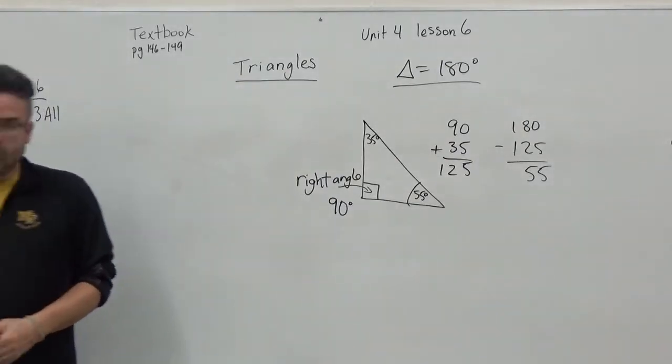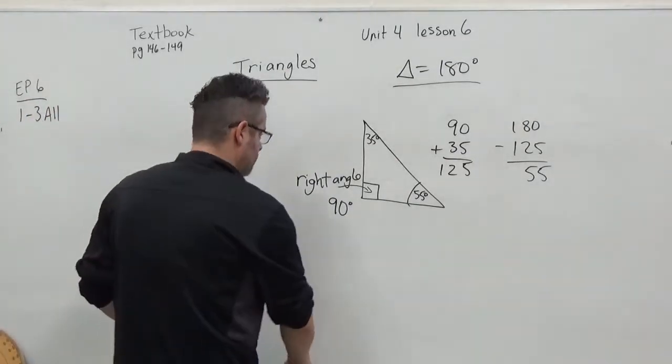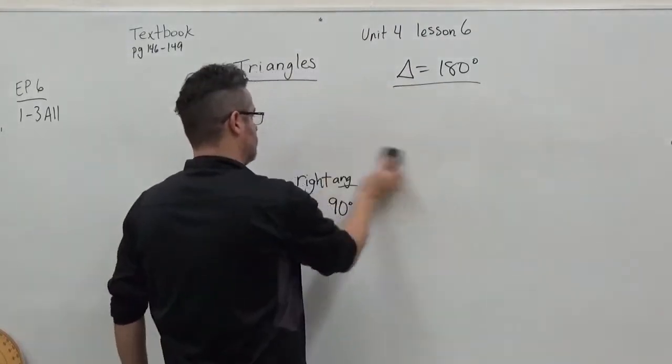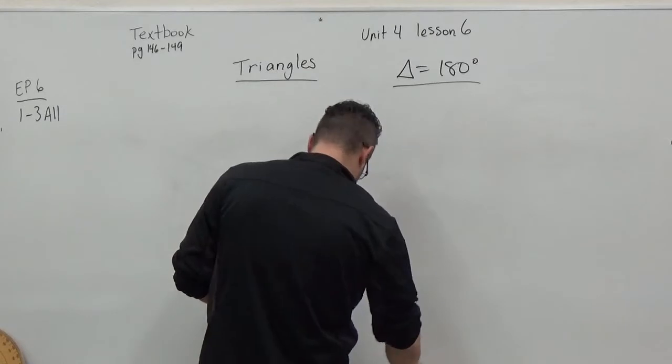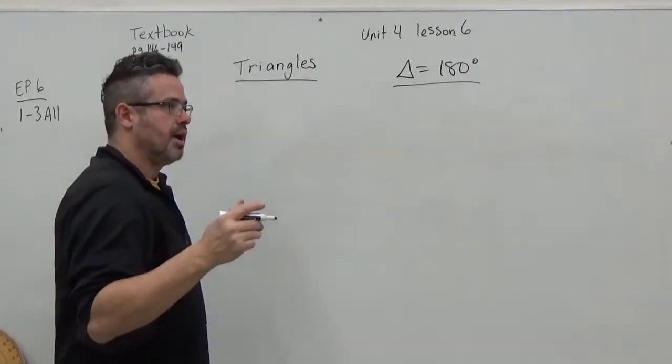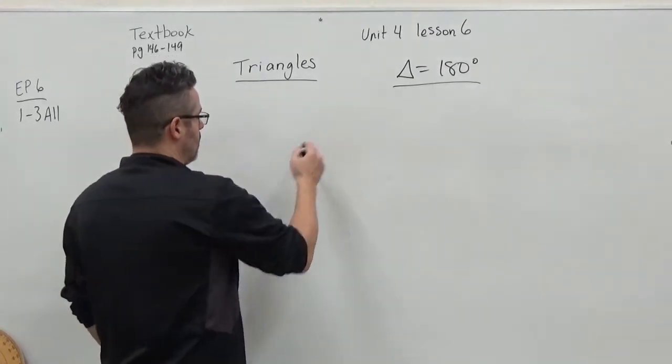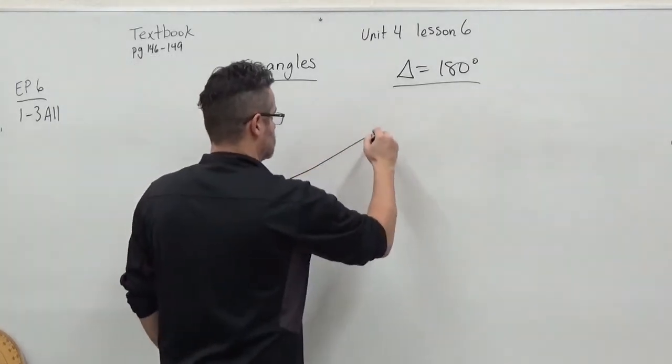Okay. Now, what if they give you this type of a question? So again, they got to try to make it tricky on you. So you have to understand and know what certain symbols mean. So what if they give you this?